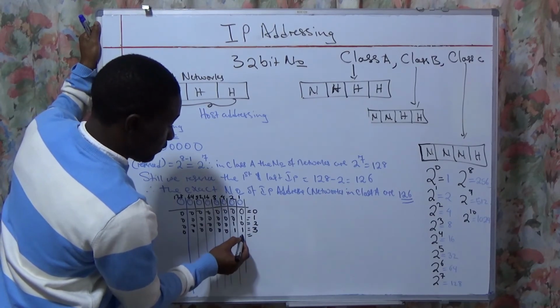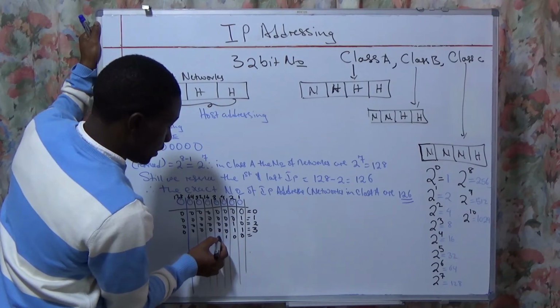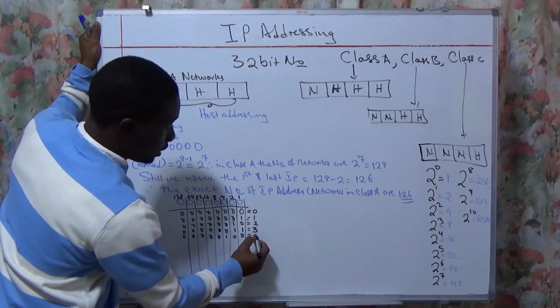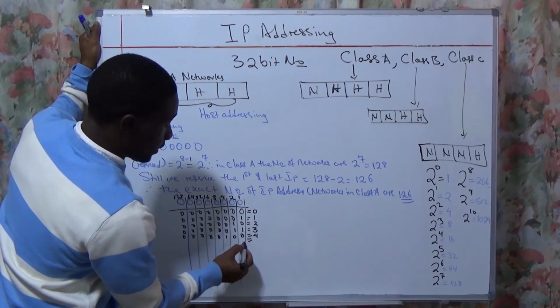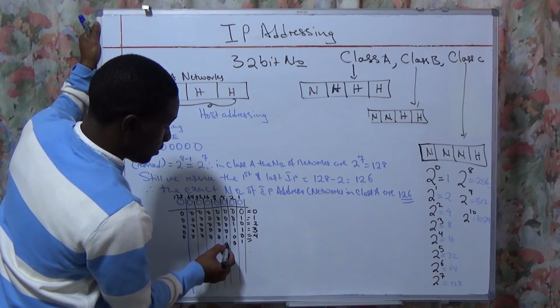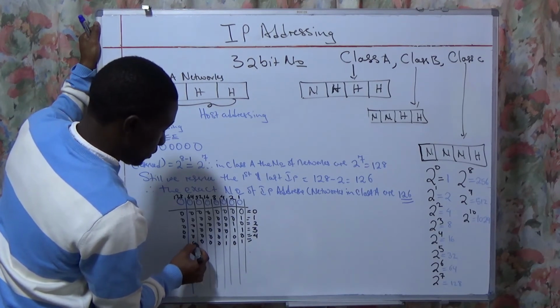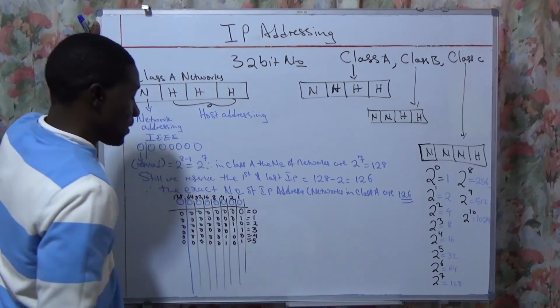So here we have 0, 0, 1, 0, 0, 0, 0, 0. Here it will be 4. The fifth, here it will be 1, 0, 1, 0, 0, 0, 0, 0. Here it will be 5.